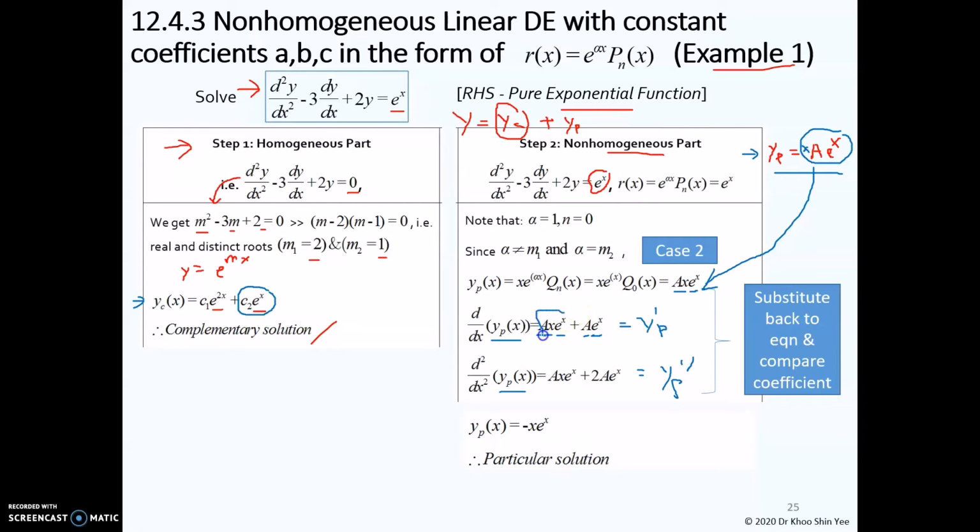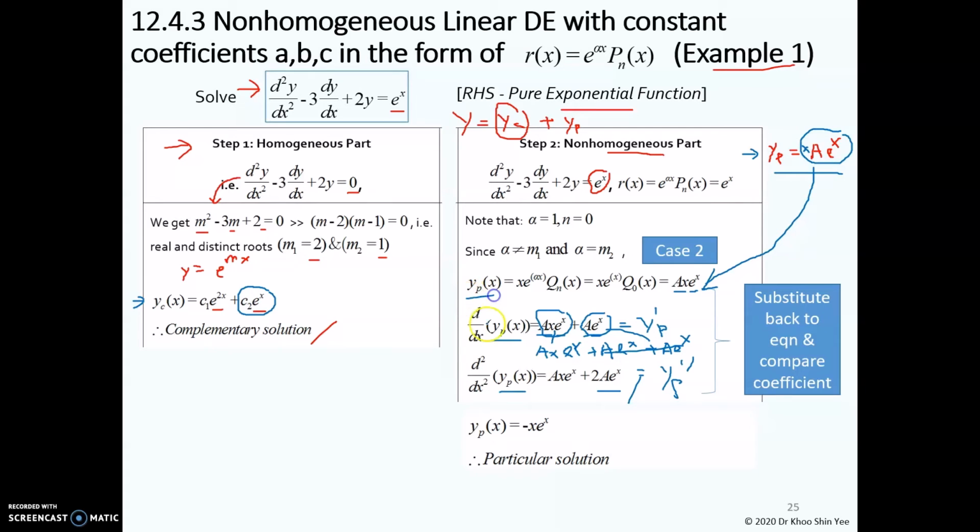So when you differentiate the ex, you should obtain the ex plus aex. Then when you differentiate aex, you should obtain aex. So these two terms can be added up to obtain 2aex. With that, you obtain this solution.